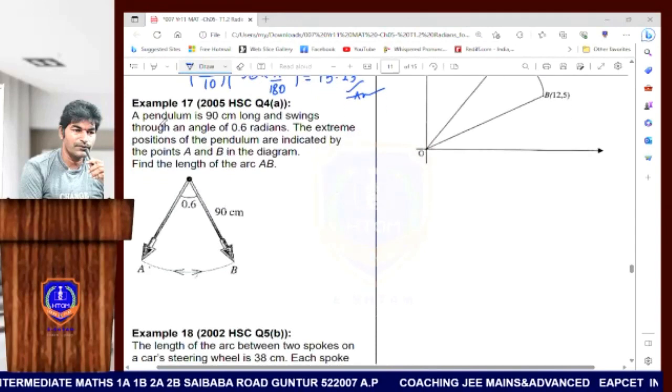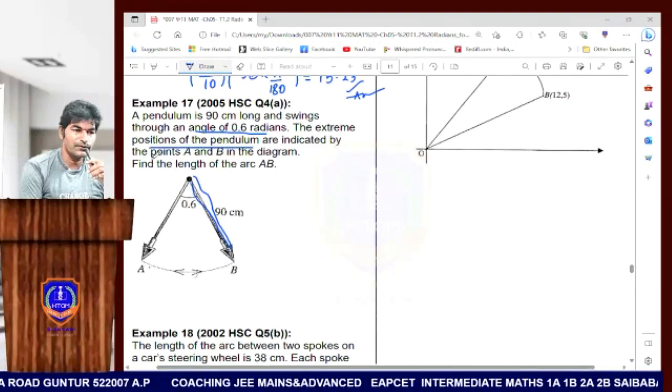Next, a pendulum is 90 centimeters long and swings through an angle 0.6 radians. So the angle was given in radians, 0.6 radians. The extreme positions of the pendulum are indicated by the points A and B in the diagram.